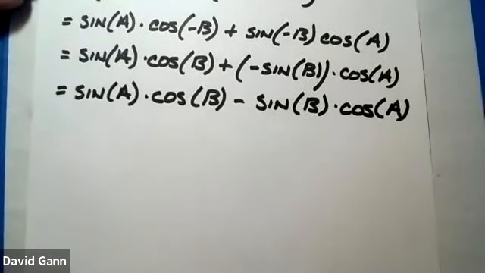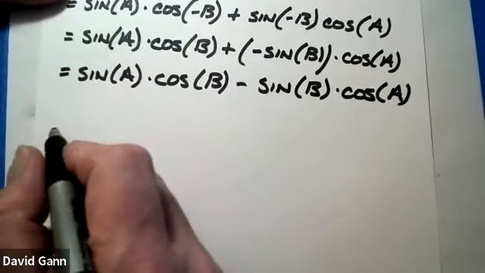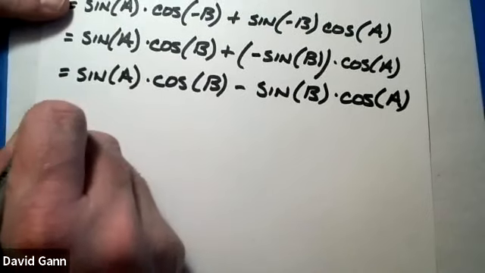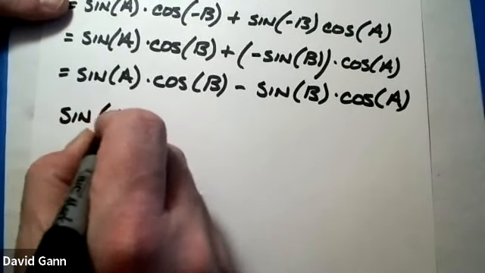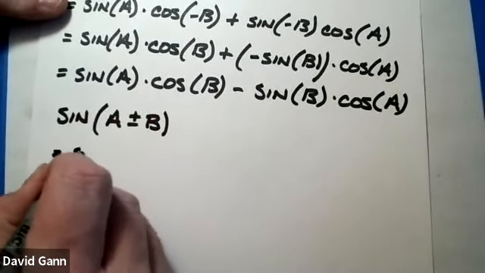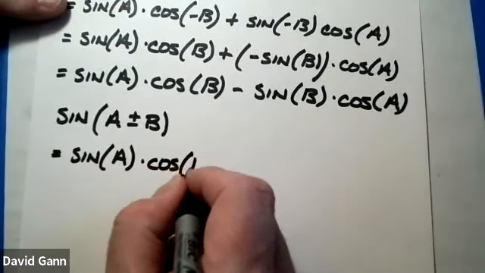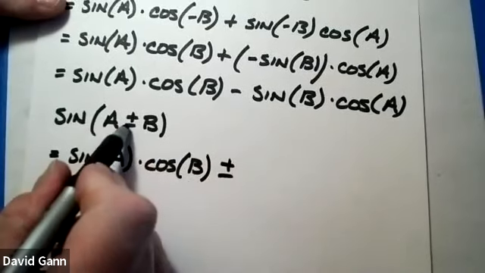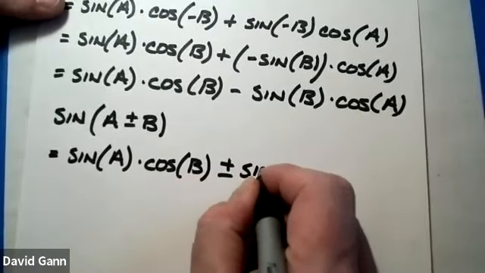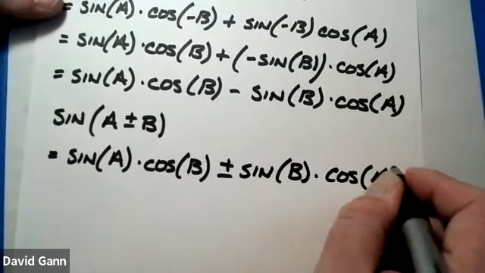Now, I'm going to write these as a group, just like I did with the cosine, so that it's easier to remember a single formula than two of them. So sine of a plus or minus b is equal to sine of the first angle, cosine of the second angle, plus or minus, so whatever the sign is here is carried over, sine of the second angle times cosine of the first angle.